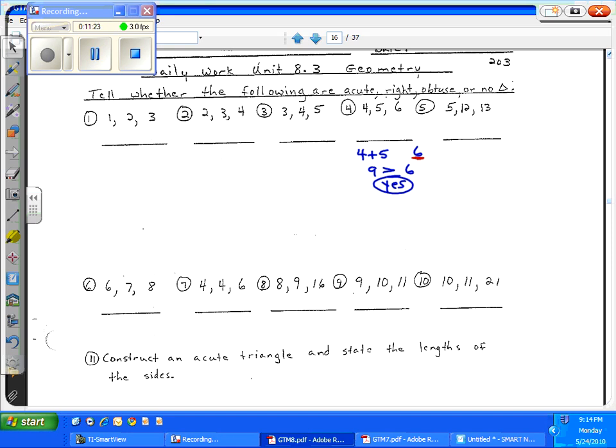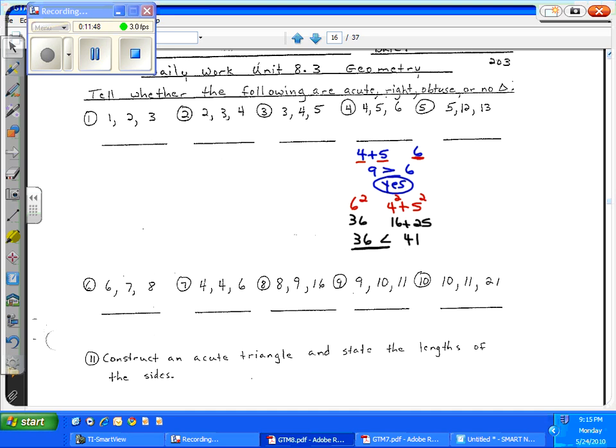To see what kind, we take the larger side 6 and we square it, and we compare it to the sum of the squares of the smaller two sides. So we compare 6 squared to 4 squared plus 5 squared. 6 squared is 36, 4 squared is 16, 5 squared is 25, 16 plus 25 is 41, 36 is less than 41.